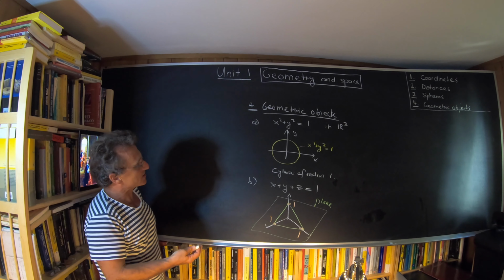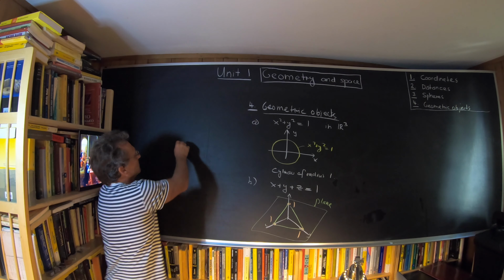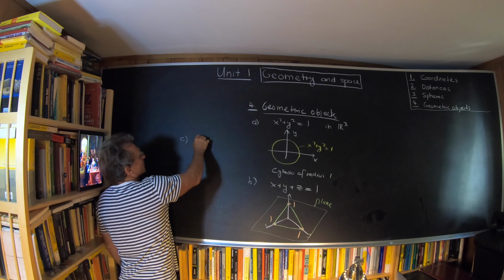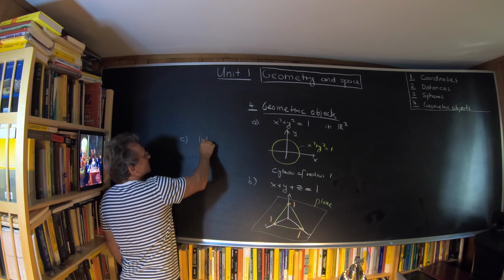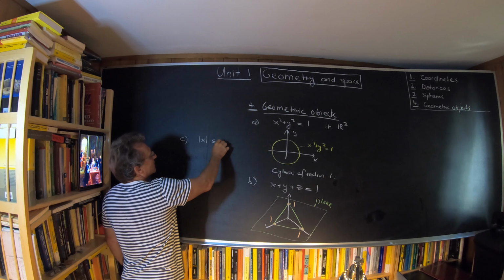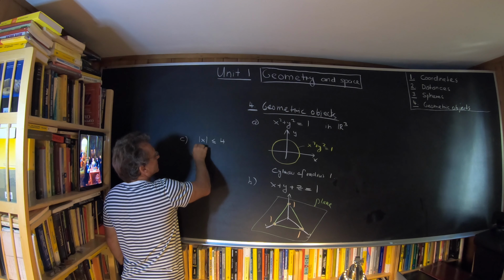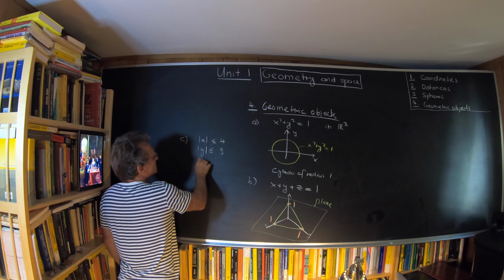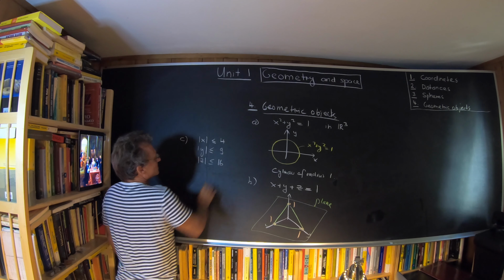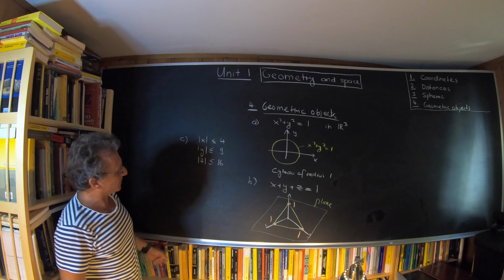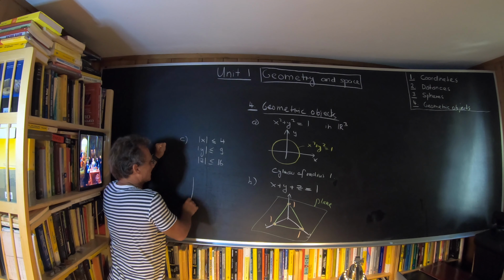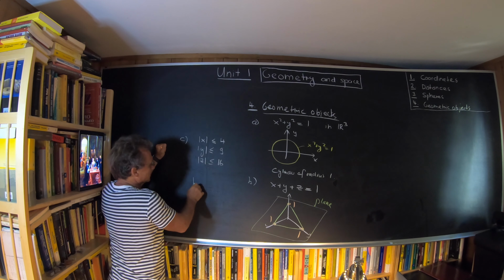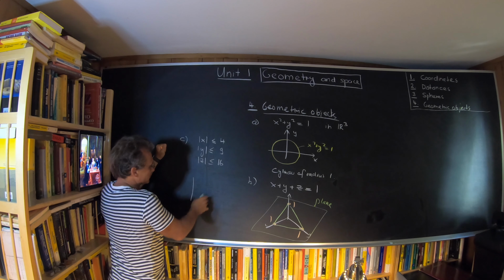Let me also say maybe a last thing. So if you have the absolute value of x smaller than 4, y smaller than 9, and z smaller than 16, what object is that? If we draw that, you see that the x-axis is between -2 and 2.